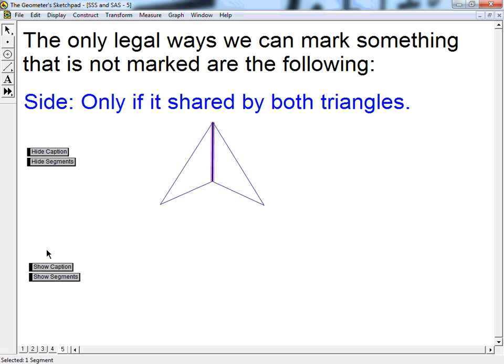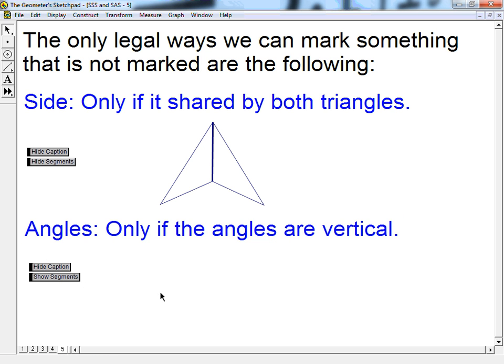Now, the only legal way we can mark an angle is only if the angles are vertical. And for us to remember what vertical angles look like, there are two triangles. From each triangle, I highlighted two sides because I wanted to focus that there's an X form.